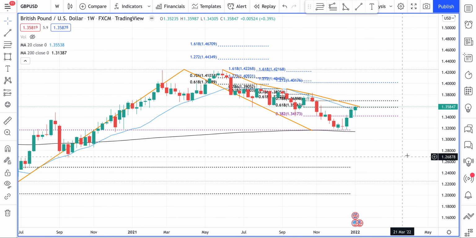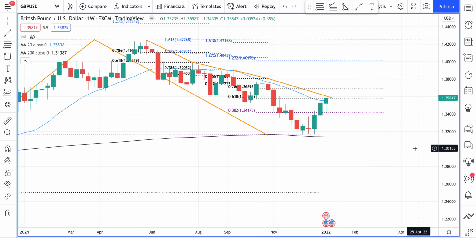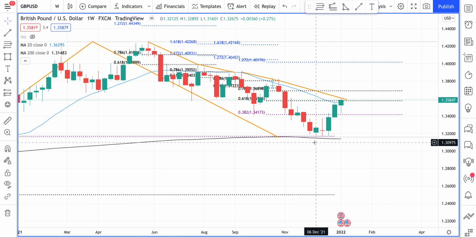And what we have seen over the last 5 weeks is that on the week of 6th December 2021, it found support, and we had a small body candle which closed positive.